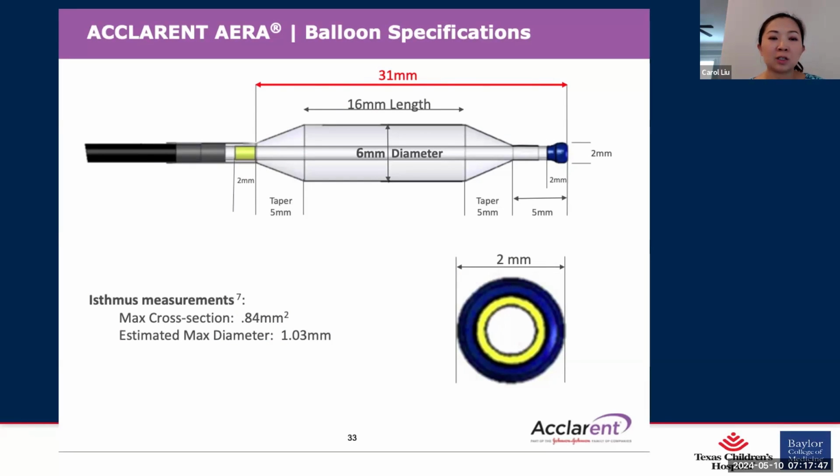Typically, when we consider tympanoplasty and other ear procedures, we say 9, 10, 11 is when the eustachian tube function starts to become more adult-like. So at first at TCH, we did pick 9 years old as the starting point for balloon dilation.